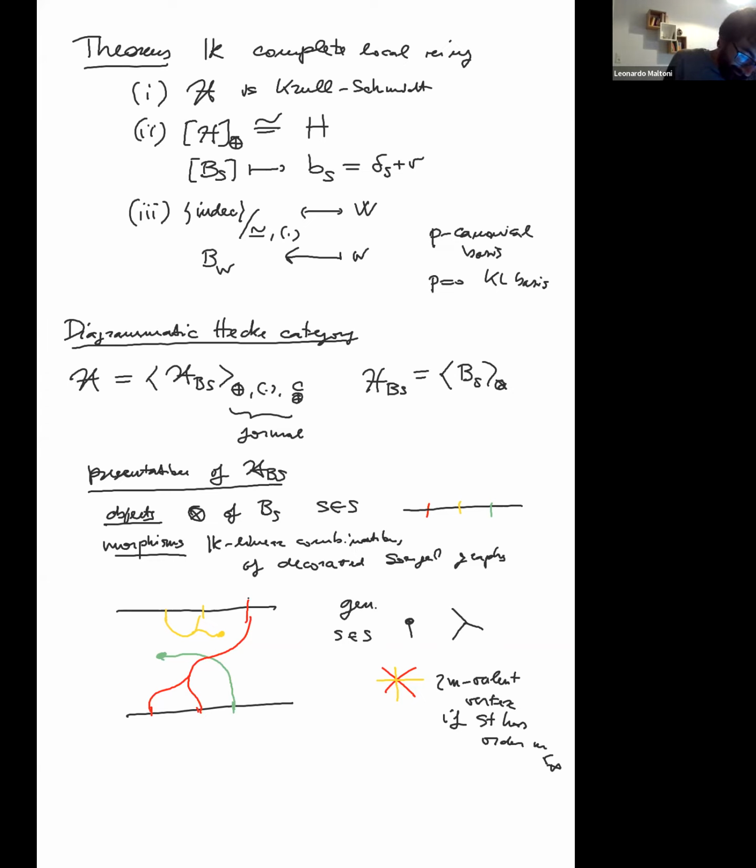Also, we can decorate them by polynomials floating in the regions, so in the connected components of the complement, and we identify these graphs up to isotopy and some relations, which are quite a lot, and I will not detail them, but they allow us to construct explicitly this category.